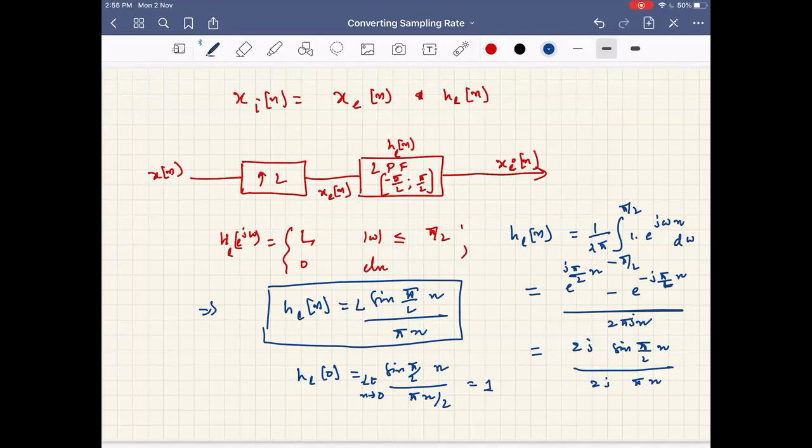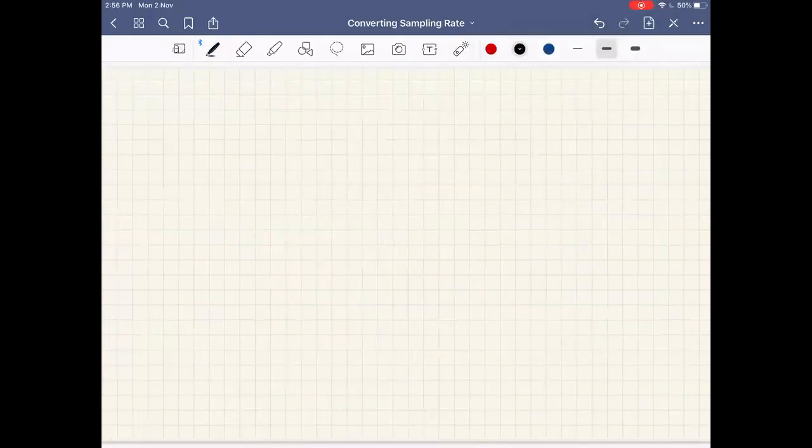And please note that this h_L of n can also be written as sine of pi by L n divided by pi by L n. So it's a pure discrete sinc function. Okay, fine. So now let us write explicitly what is x_i of n.